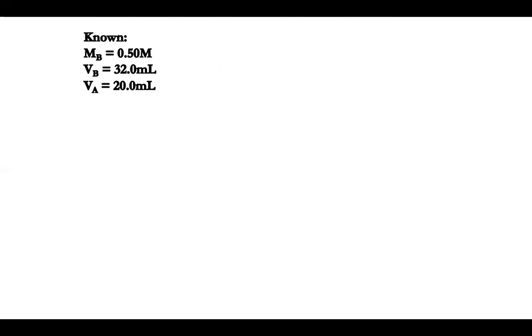The molarity of the base and the volume of the base are two things that we know because we added 32 milliliters of the base into the solution, and we knew the molarity of it when we had filled up the burette. We also know that we filled up the Erlenmeyer flask at the start of this exercise with 20 milliliters of acid. And then we have to have our unknown variable.